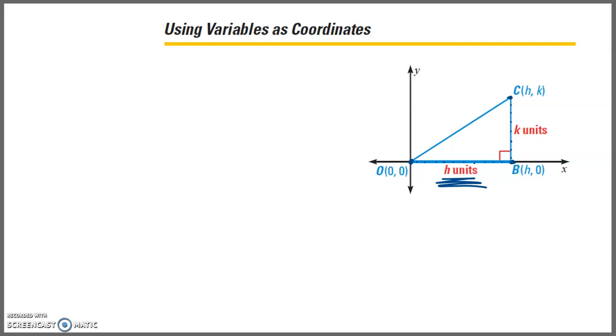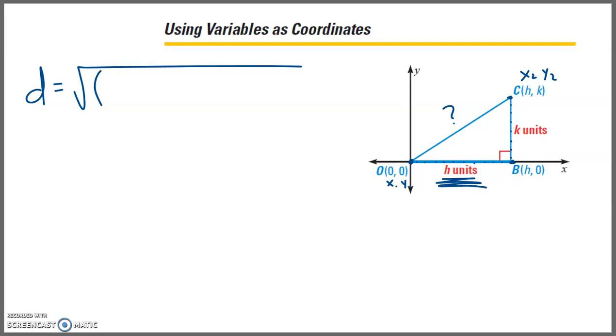Last but not least, if I want to find the length of the hypotenuse, we're going to use the distance formula. Now let's identify our x1, y1, x2, y2. Let's get started. All right, x2 minus x1 squared plus y2 minus y1 squared.